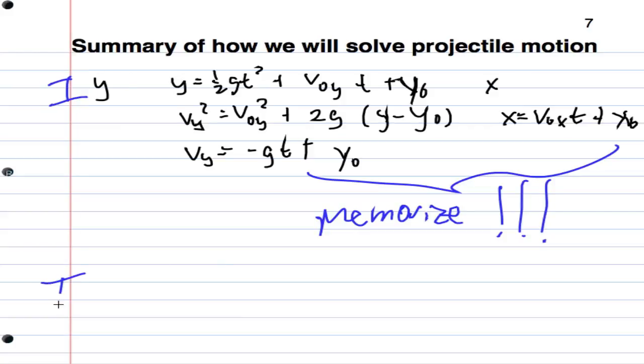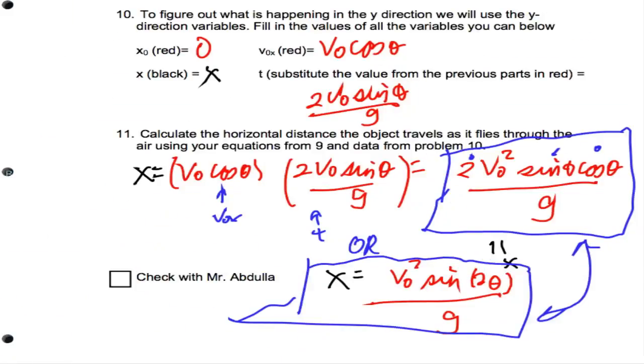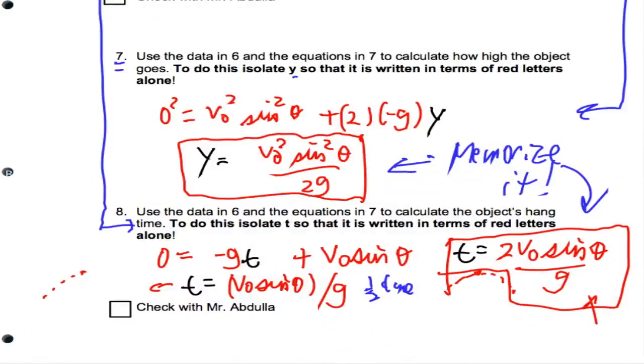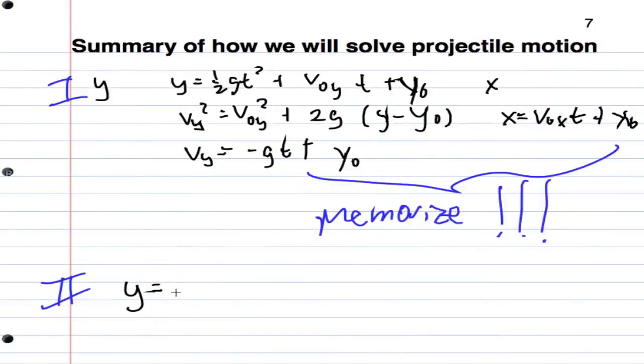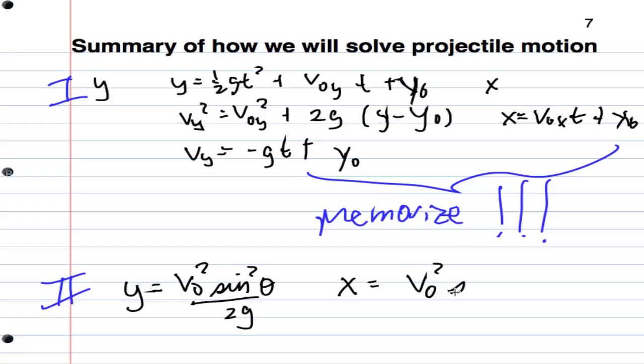The second approach is you will use the following formulas. You will use the height y equals, and when I go back here, even I've got to memorize them. So it's going to be v naught squared sine squared theta over 2g. The x formula ends up being v naught squared sine of 2 theta over g.